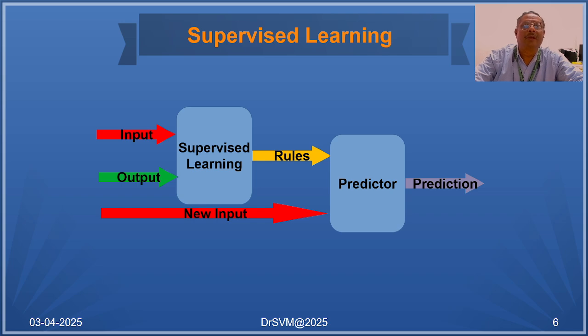In the same way, the machine also somehow learns to correlate input and output, and this correlated knowledge is stored in the form of rules, and these rules are used by the predictor. And when the new input is given, it produces a prediction.